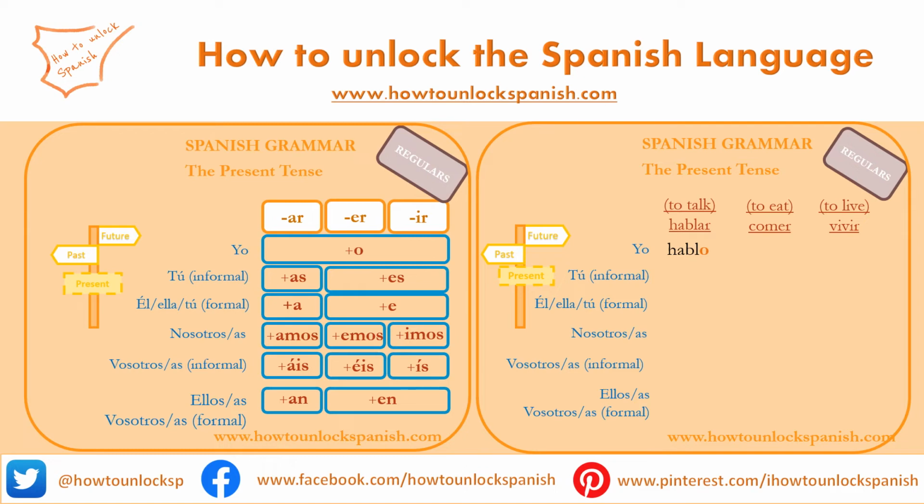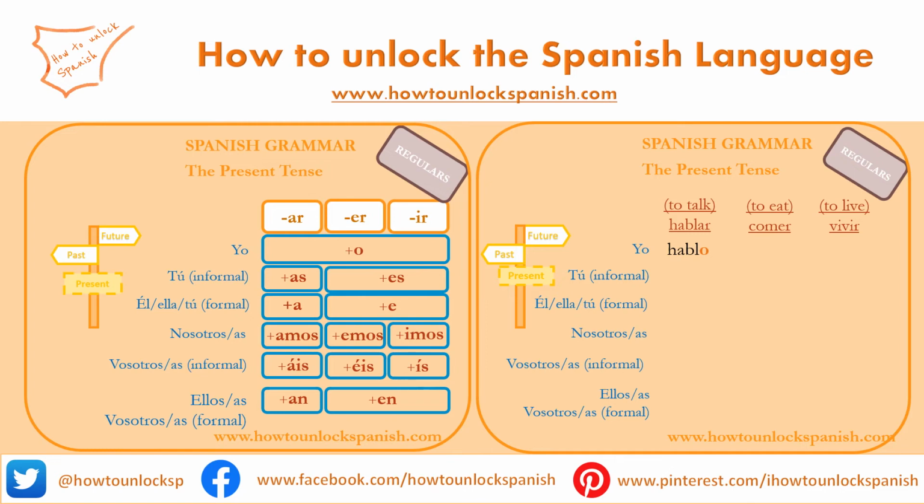And for vivir, which is to live, we have to choose the third column. Depending on who is talking, we will have to choose the first row, the second row, the third row, the fourth row. See? So these are regular verbs because they follow these patterns. They follow the pattern of endings. Irregular verbs won't follow the pattern or won't follow it completely.